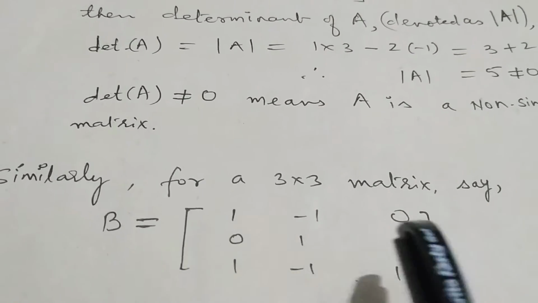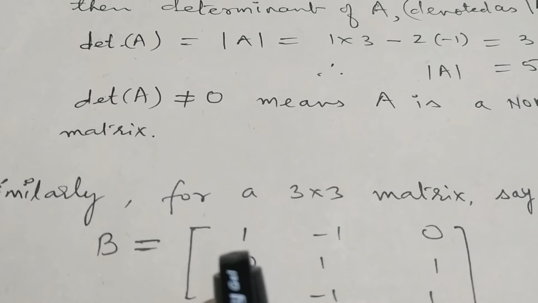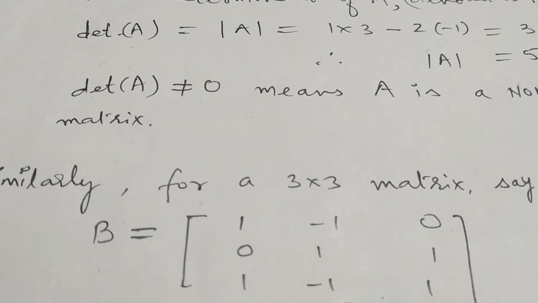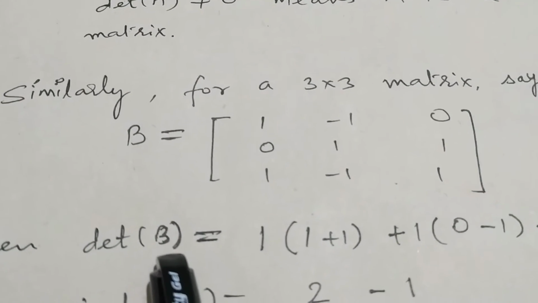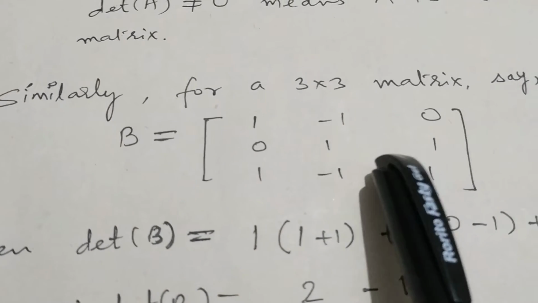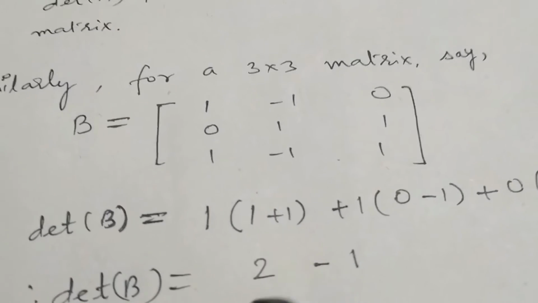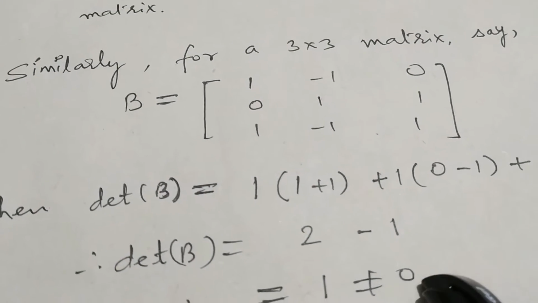Let us consider a 3 by 3 matrix. Say, for example, matrix B, which is equal to 1, minus 1, 0, 0, 1, 1, 1, minus 1, 1. If you calculate its determinant by its properties, then we can easily see that the determinant of B is equal to 1, which is not 0.